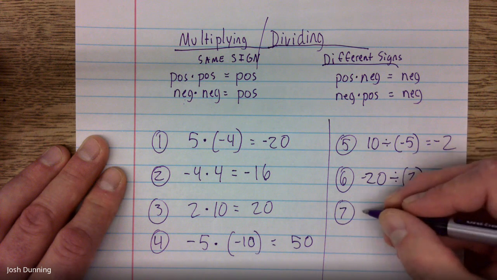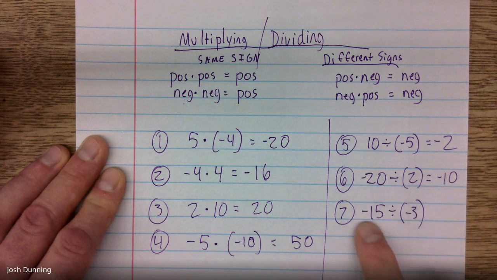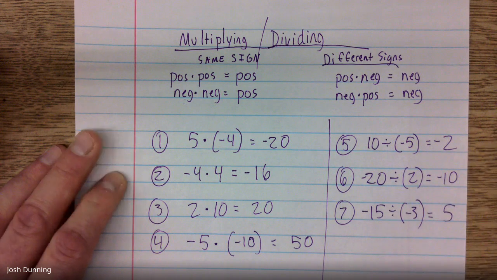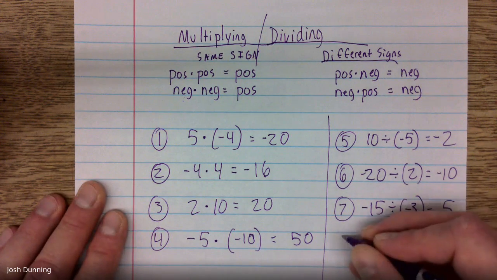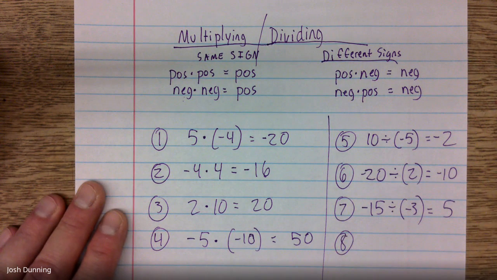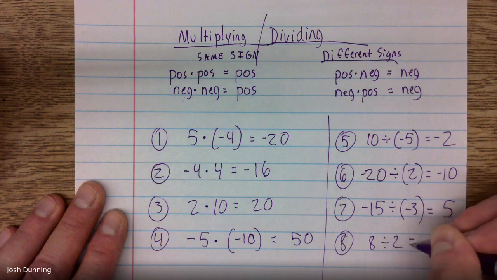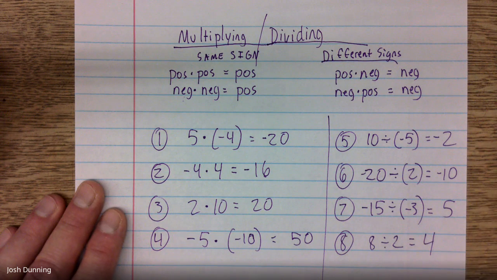And if we have same sign again, a negative divided by a negative, just like a negative times a negative, we get a positive. And then again, the ones that you've been doing for years now, like if we have 8 divided by 2, it's just positives, everything's positive, just like you've done before.